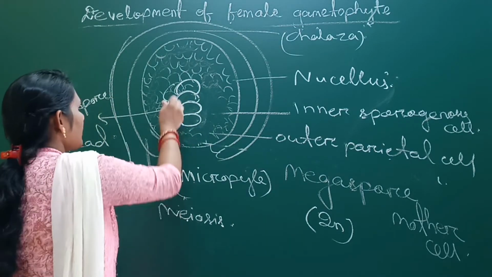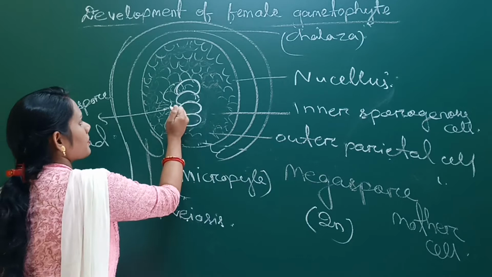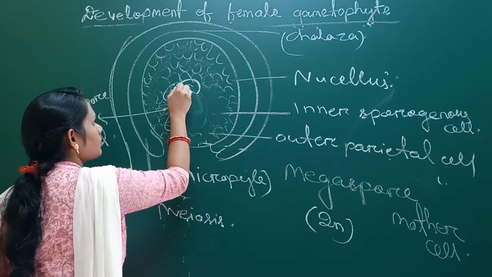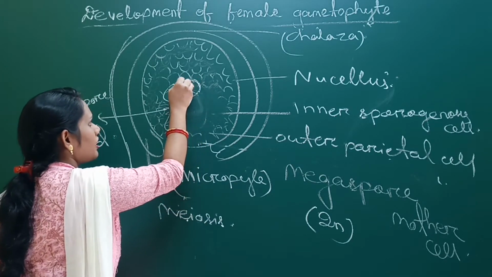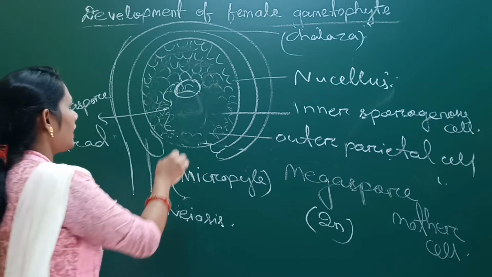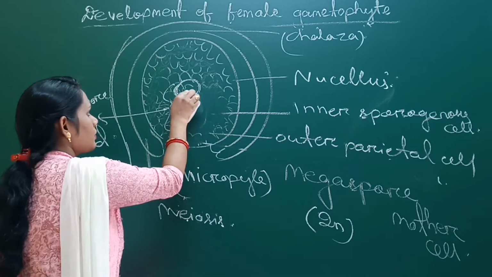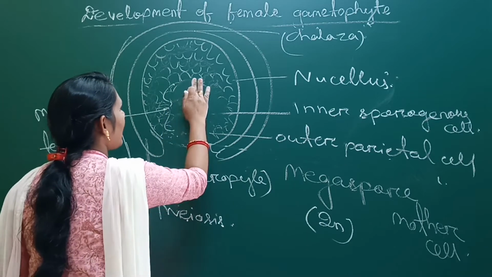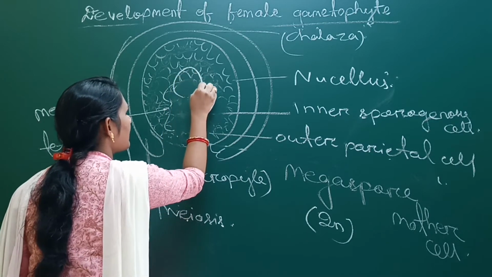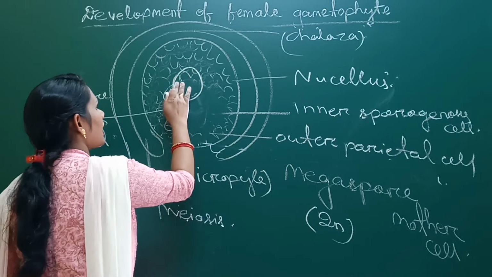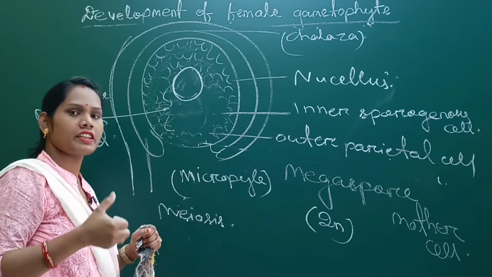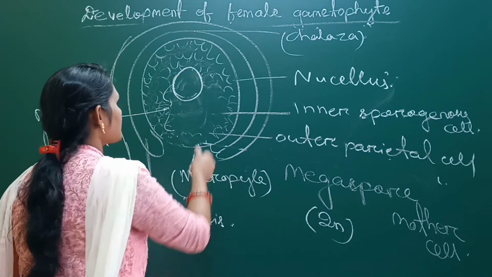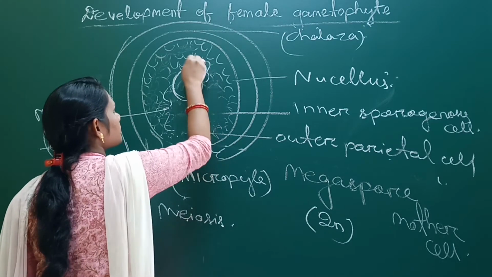Among these four megaspores, the upper three gradually degenerate and the lower one megaspore gradually enlarges towards the chalazal end by absorbing nutrition from the nucellar cells.